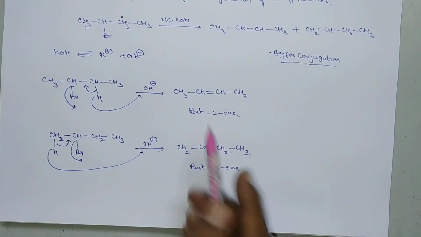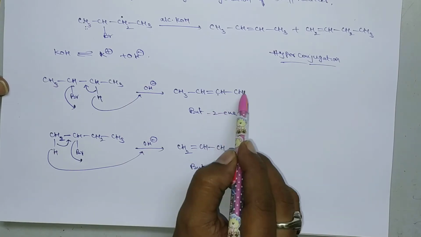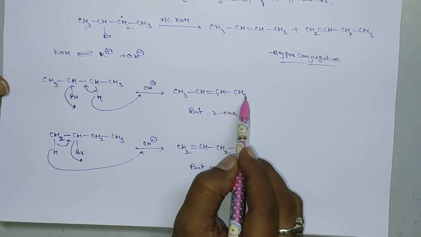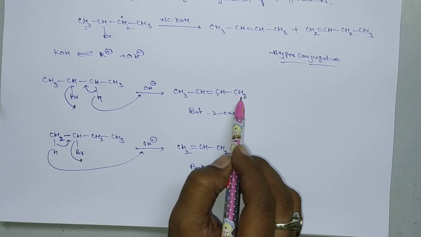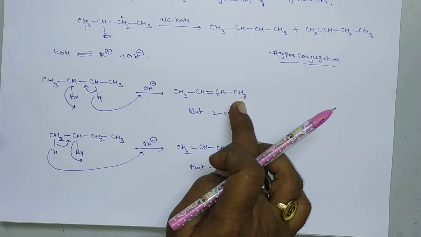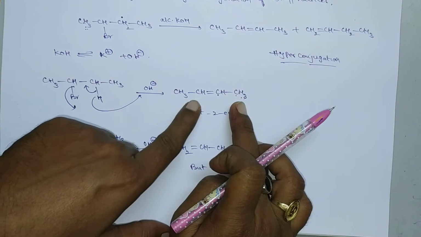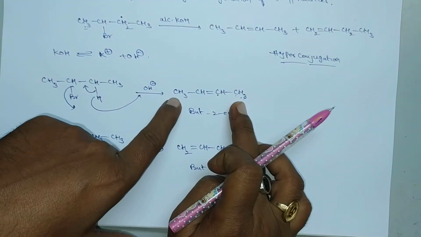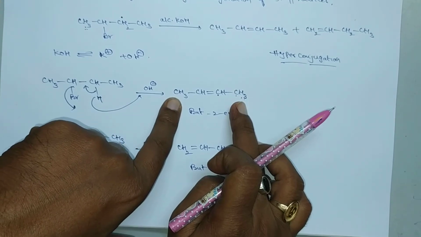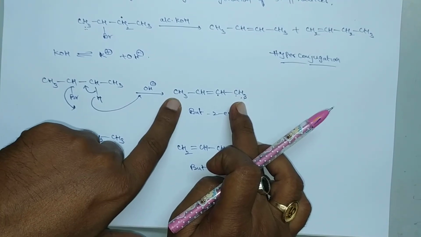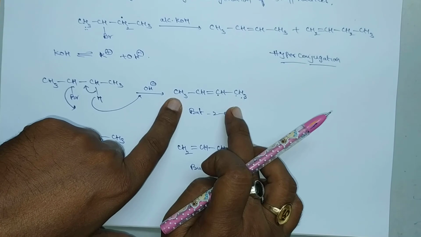Here the double bonded carbon is attached to an alkyl group having 3 hydrogen atoms, so it can form 3 hyperconjugative structures from this alkyl group. Again, this double bonded carbon is also attached to an alkyl group having 3 hydrogen atoms, so 3 more hyperconjugative structures will be there. So it possesses 6 hyperconjugative structures.